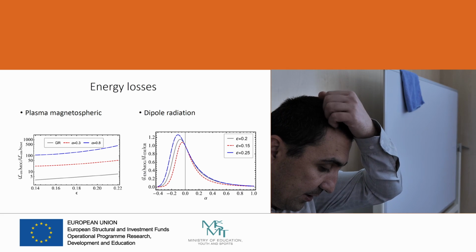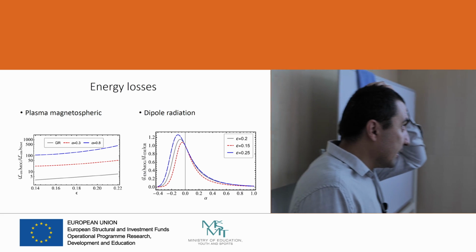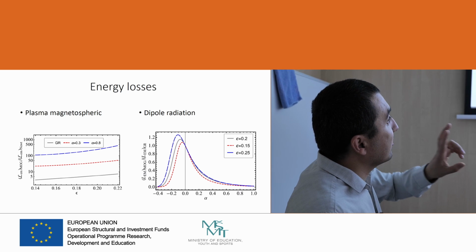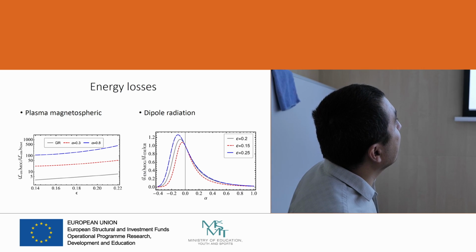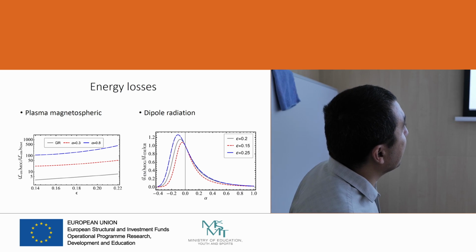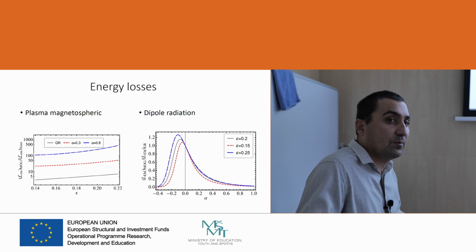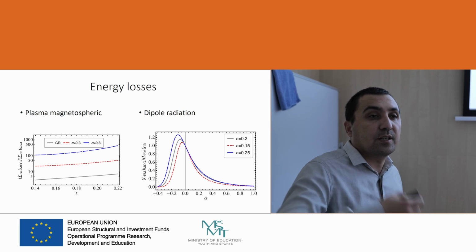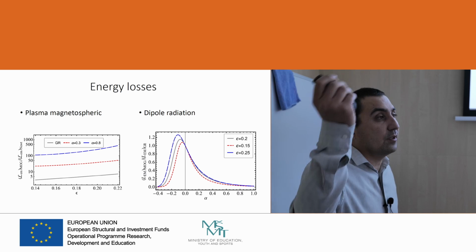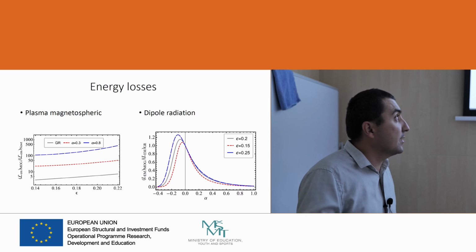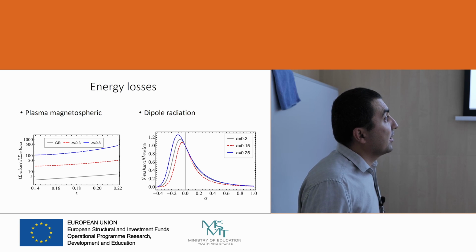Energetic losses of neutron stars we can divide into two: plasma magnetospheric radiation, which comes along open field lines, and dipole radiation.